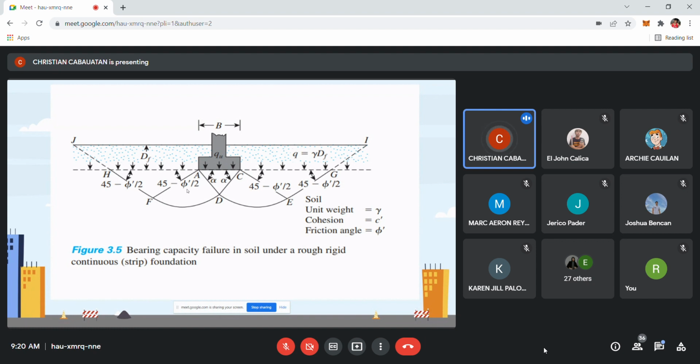No? Take note that the surcharge can be derived as gamma times the depth of the footing, wherein gamma is the unit weight of the soil. No? We also consider its cohesion and its friction angle. Take note of this. Friction angle yung phi apostrophe na meron. And the cohesion.